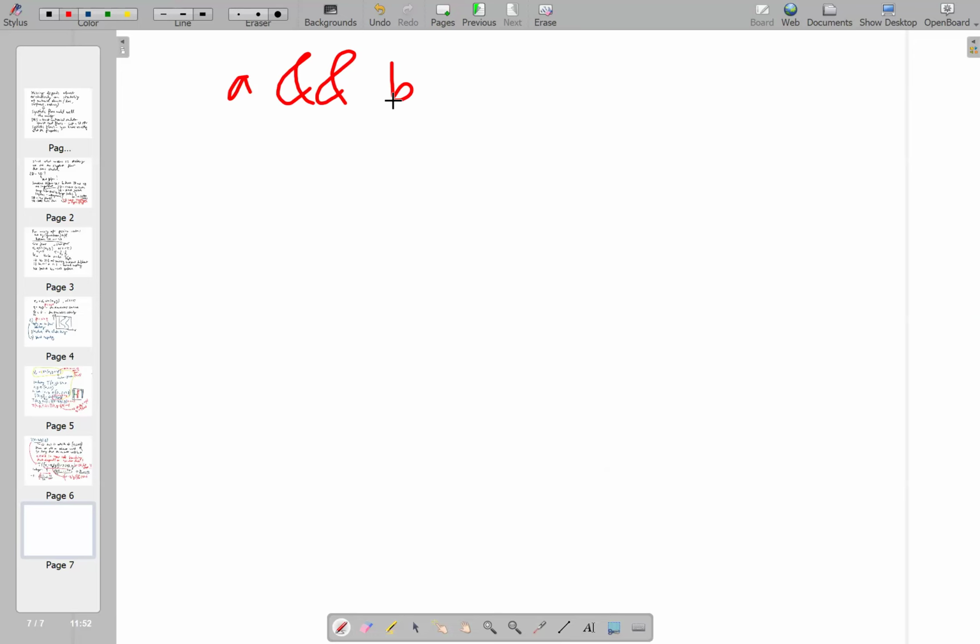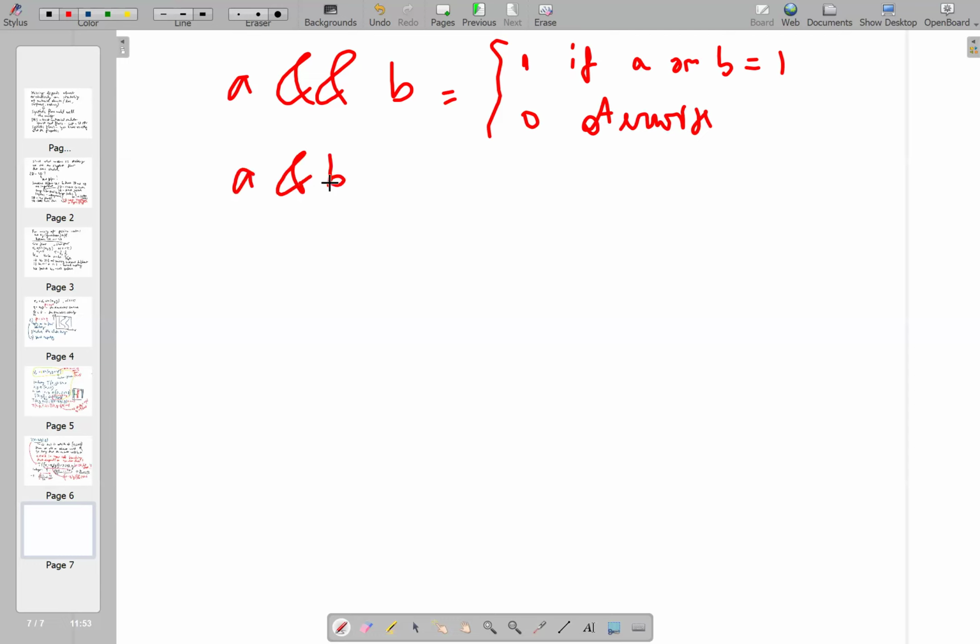It means that this is 1 if A and B both equal 1, 0 otherwise. But then there is also bitwise AND. And that's the same thing, but bit by bit.